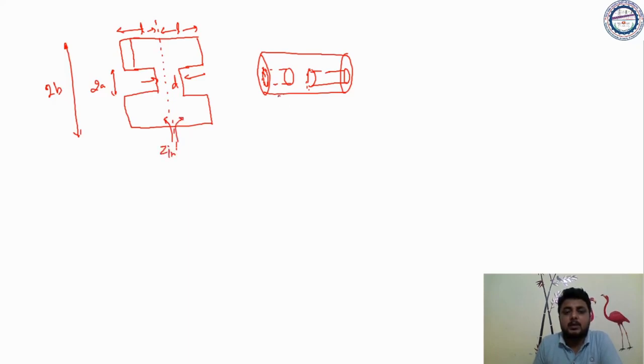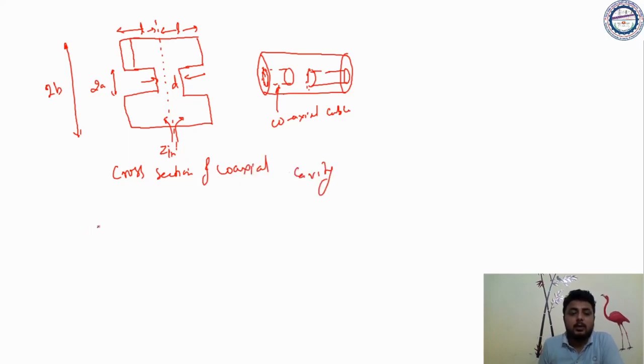This is an example of a coaxial cable or transmission line, and this is the cross section of the coaxial cavity. Now we know the characteristic impedance of a coaxial line is Z0 equal to 1 upon 2 pi square root of mu by epsilon ln b by a.